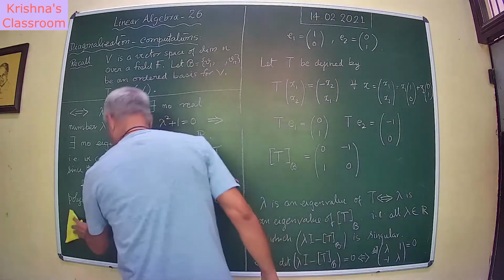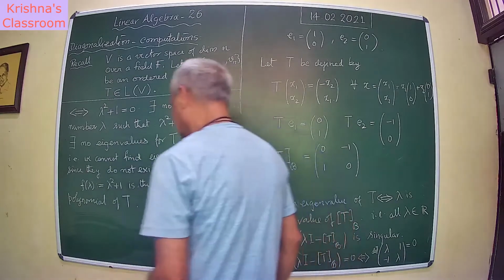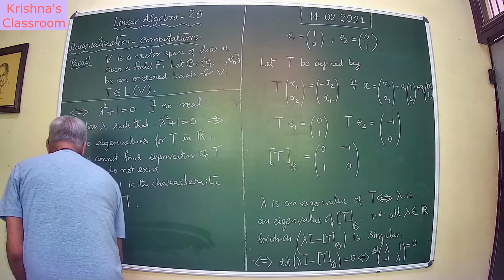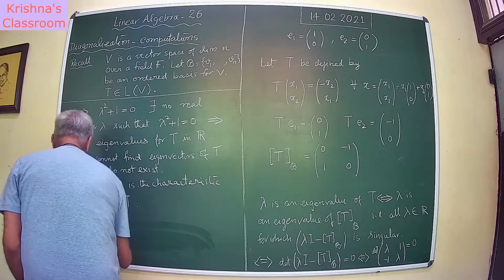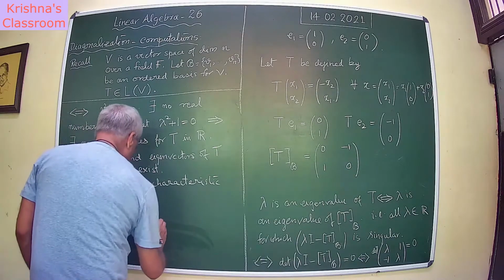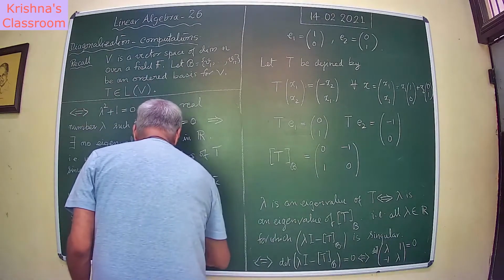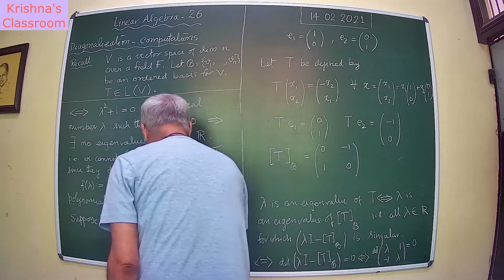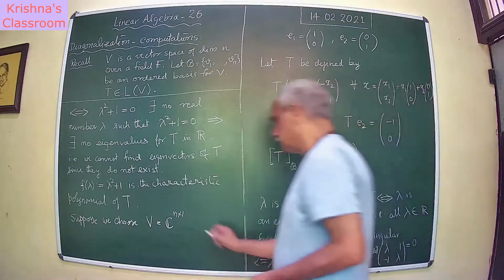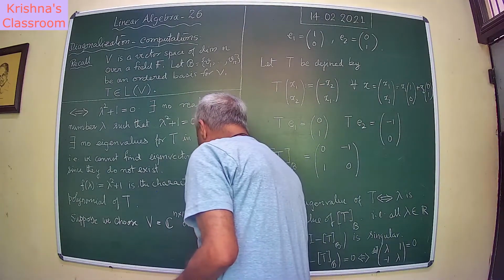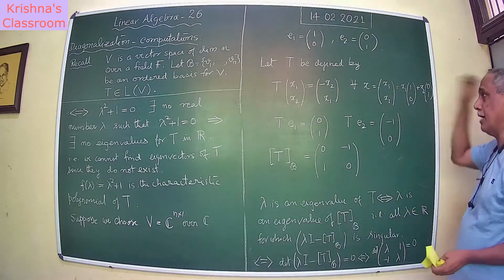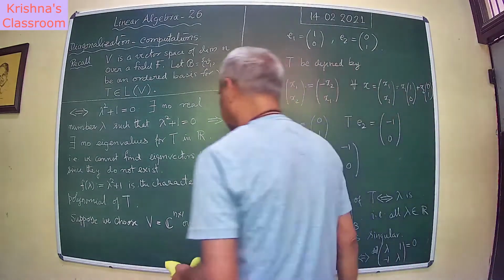Suppose we take the vector space to be C2, where C is the complex field, over C. Now we are having both x1 and x2 as complex numbers.